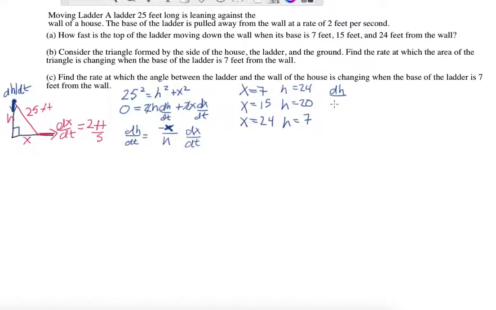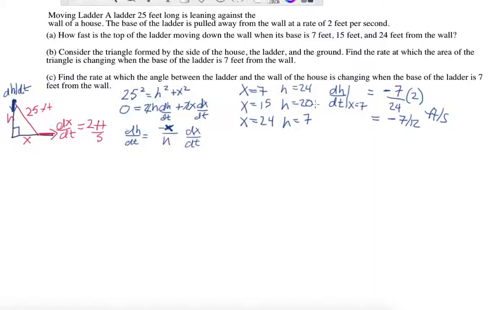So for when x is 7, we'll get negative 7, h is 24, and dx dt is 2, and so we'll get negative 7 over 12 feet per second.